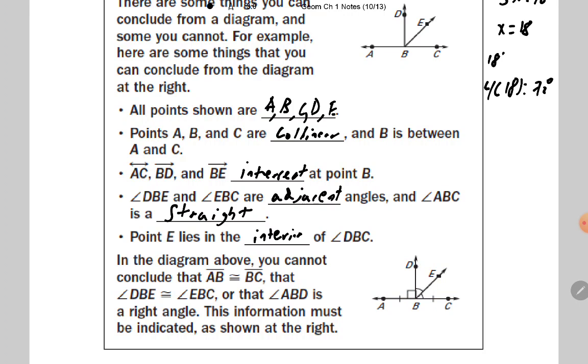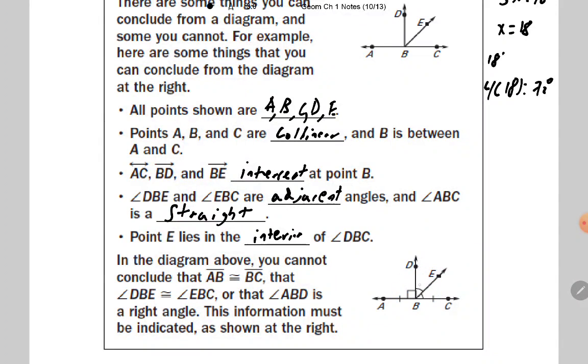You cannot say that this angle is congruent to this angle. You would need the symbology here, like they do in the bottom. See this arc and that arc. It says that those two angles are congruent. You cannot assume right angles. I need that little box there.